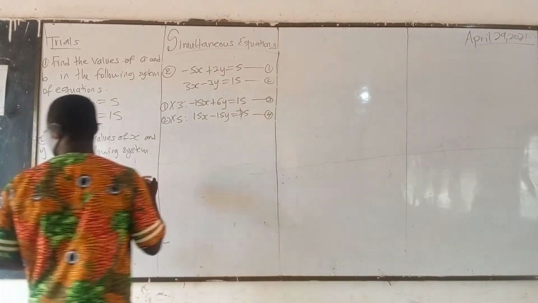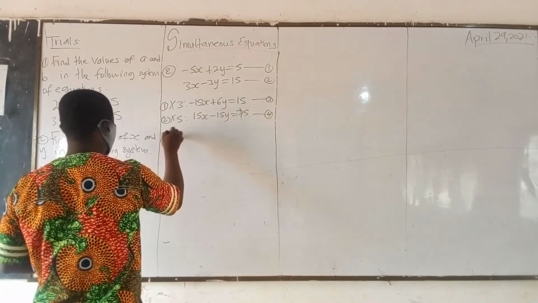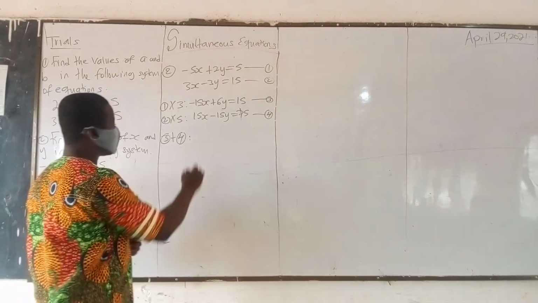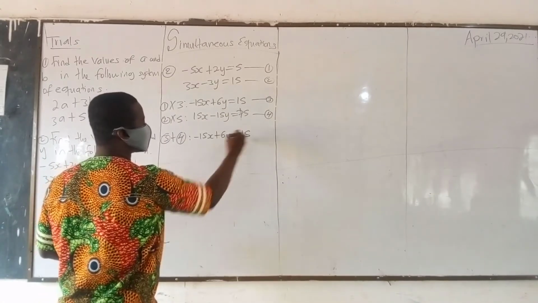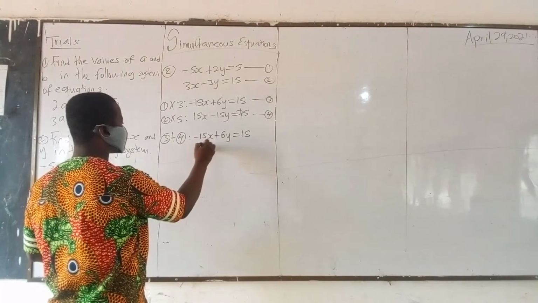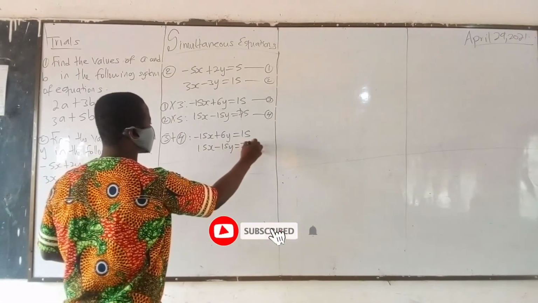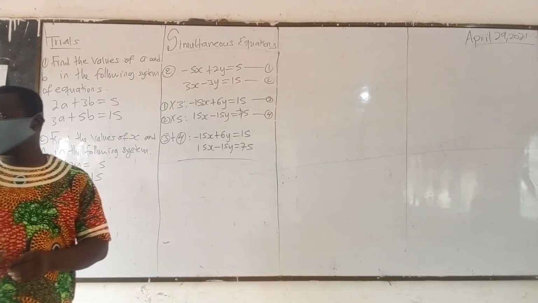So now let's add. Are you there? So negative 15x plus 6y is equal to 15. Let me write it this way for easy manipulation.